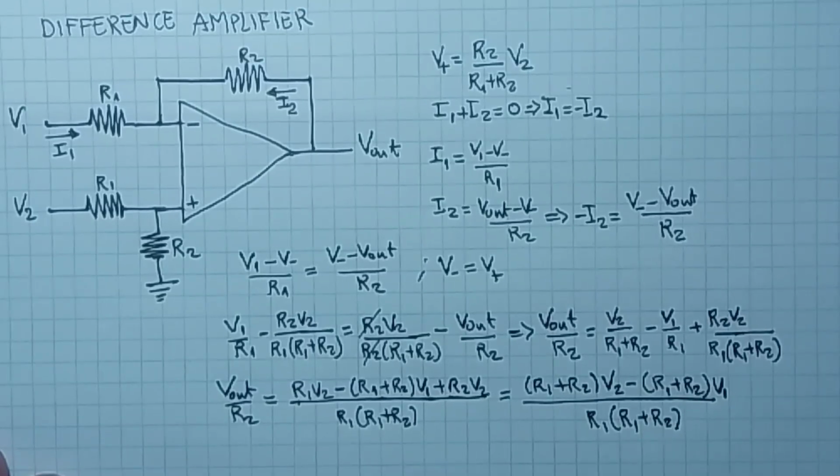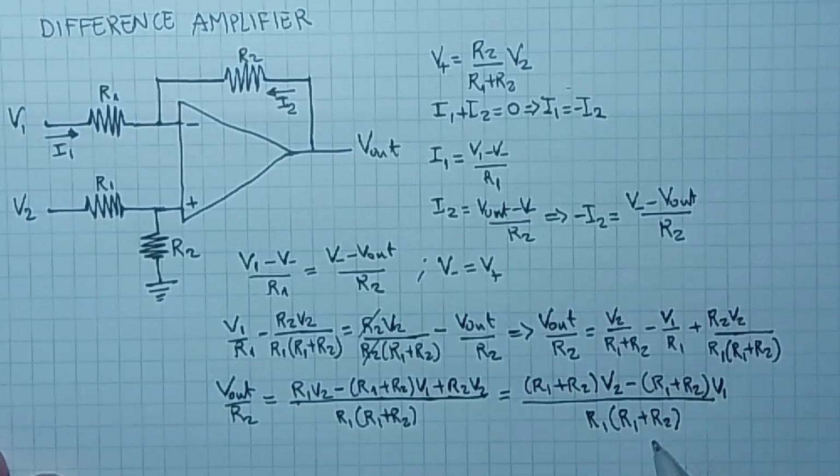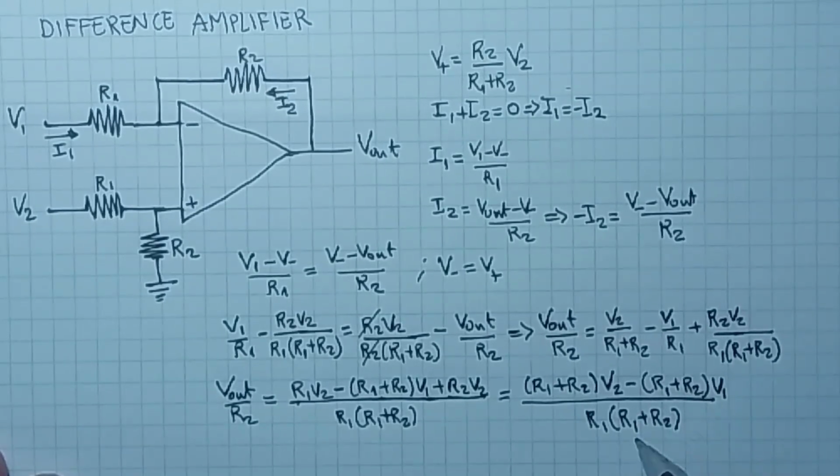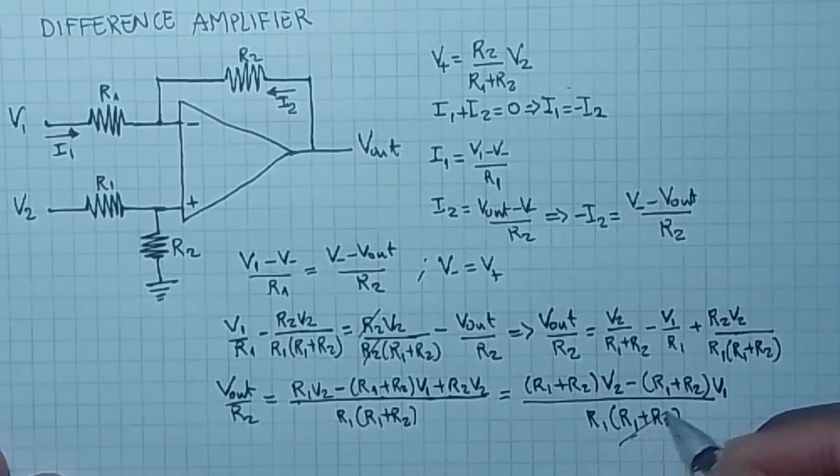Now, if we divide everything by R1 plus R2, this will cancel out.